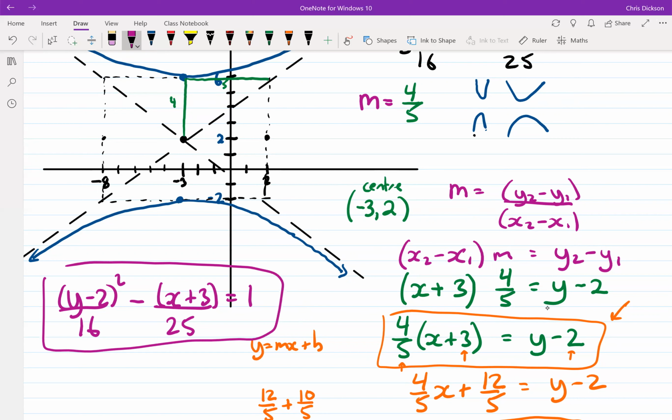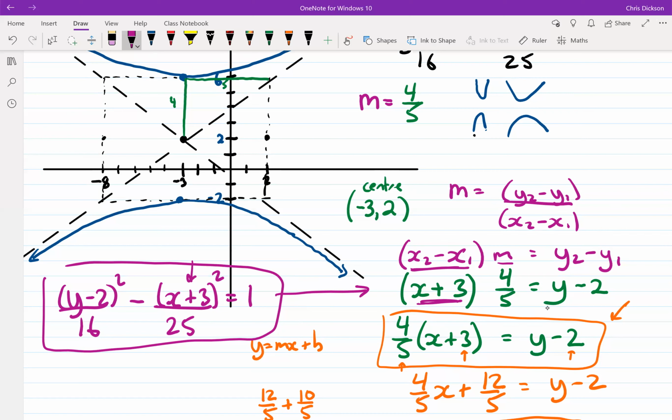Okay, so how could we do that? If we're trying to go from here to there, notice that you actually have almost everything already in the equation. Sorry, that should be squared there. You basically have all those things right there. So if the slope formula is x2 minus x1 times m, look at that, x plus 3 is already right there.